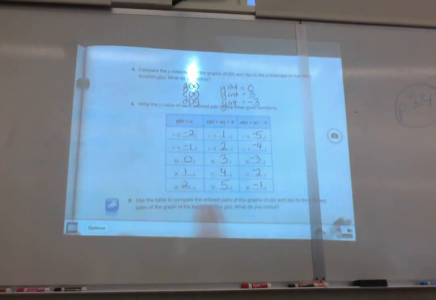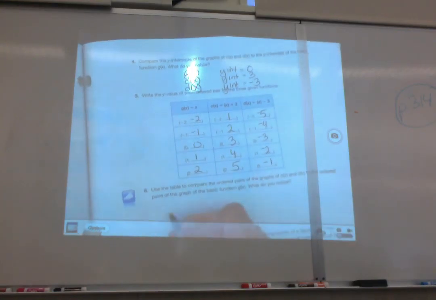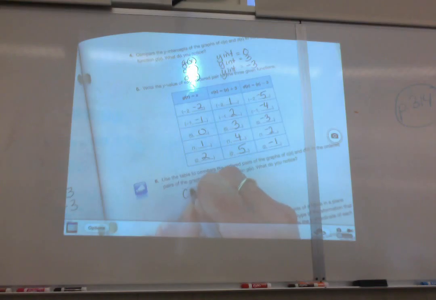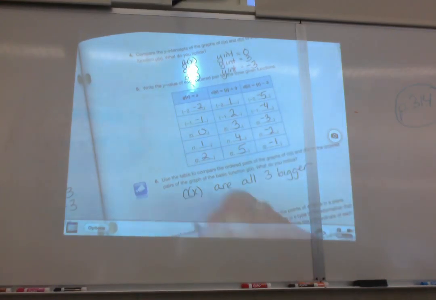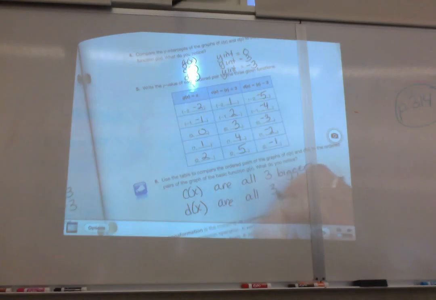Use the table to compare the ordered pairs. What do you notice? C of x values are all 3 bigger. D of x values are all 3 smaller.